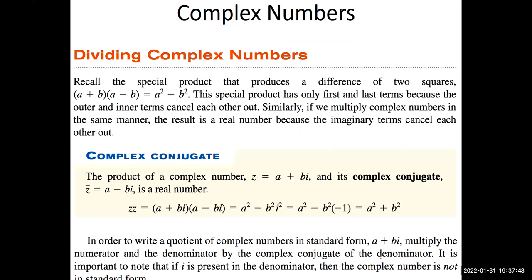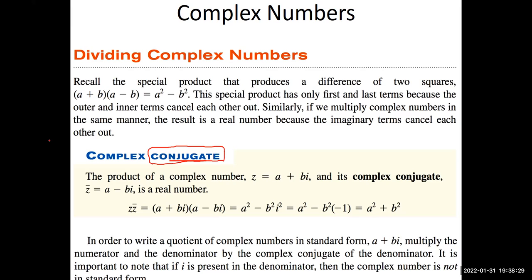So how about dividing complex numbers? Here we will have what is called the conjugate. Recall the special product that produces a difference of two squares in our binomials, wherein we have a plus b multiplied by the quantity a minus b, which will give us a squared minus b squared.